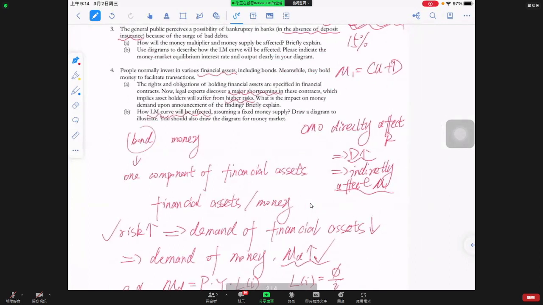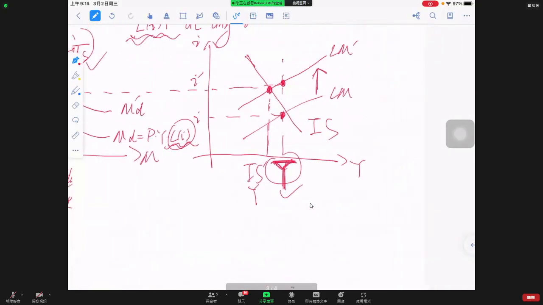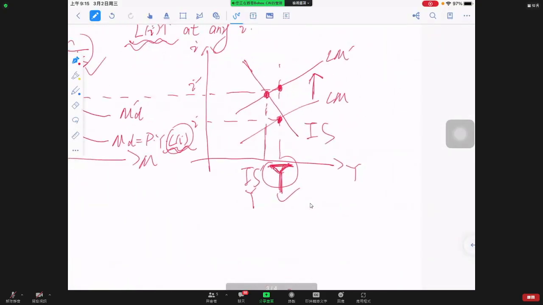Yes, because this question just asks about how the LM curve will be affected. So I just used unchanged output, or equilibrium output unchanged, just within the equilibrium of the financial market. I should say it more clearly. If you consider the goods market, finally the output will decrease.